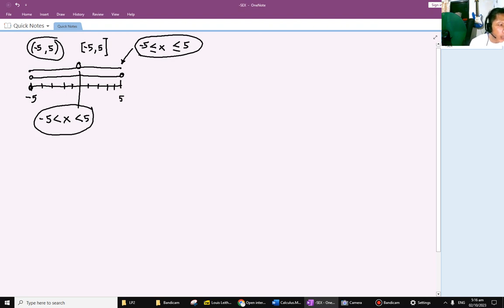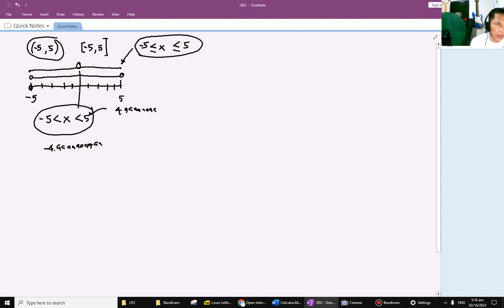So the open interval will have values ranging from almost negative 5, like negative 4.99999, with as many nines as you can have, up to 4.999999, as many nines as you can make before making 5. While the closed interval can include negative 5 and 5 as the last options.